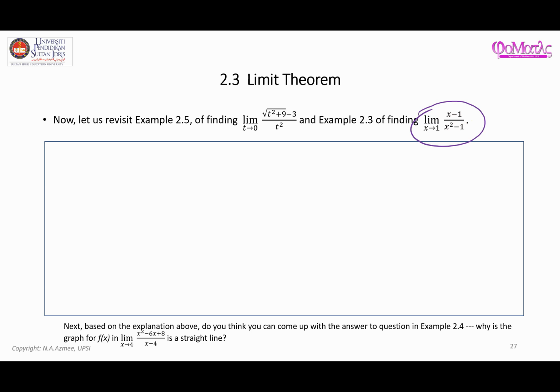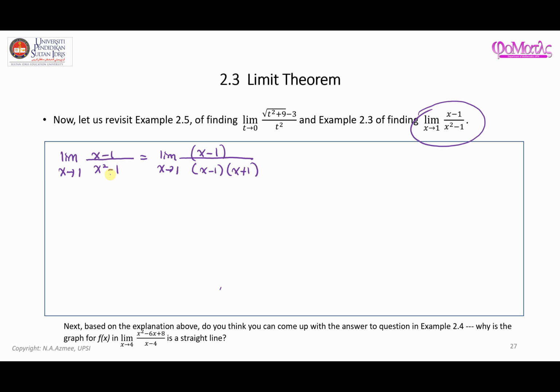As an example, we can see that the limit as x approaches 1 of x minus 1 over x squared minus 1 can be written as the limit as x approaches 1, with x minus 1 at the top part, and we know that x squared minus 1 can be factorized as x minus 1 and x plus 1.